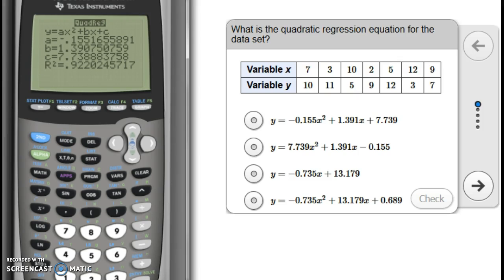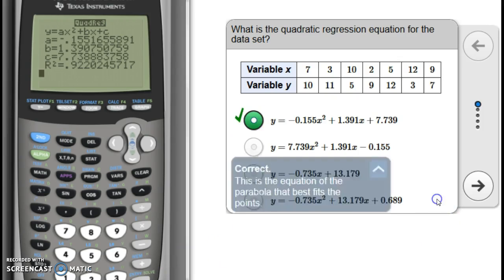So it would be negative 0.155 x squared plus 1.39 x minus 7.739. I'm sorry, plus, not minus, but plus 7.739. So you can see that that is answer choice 1.